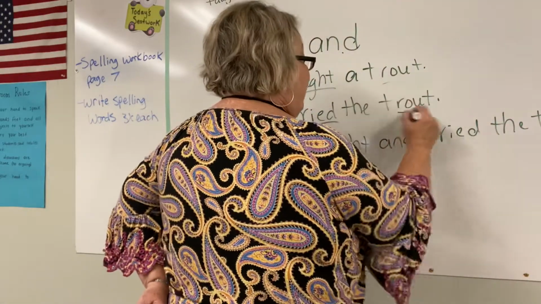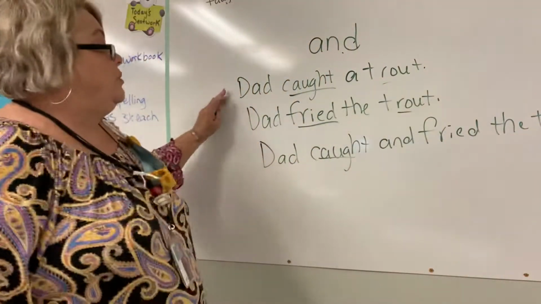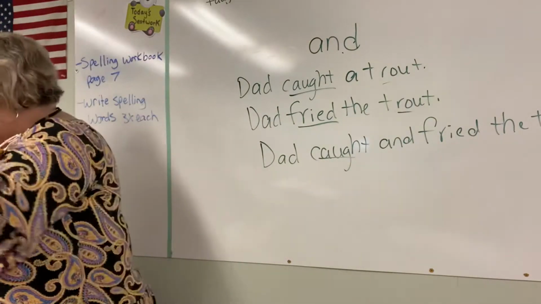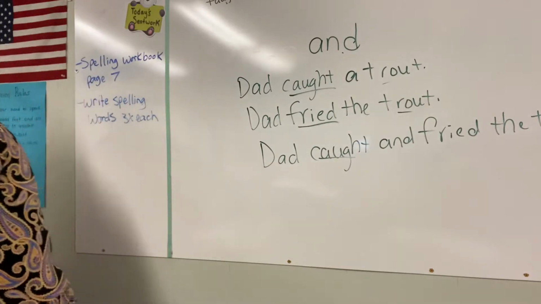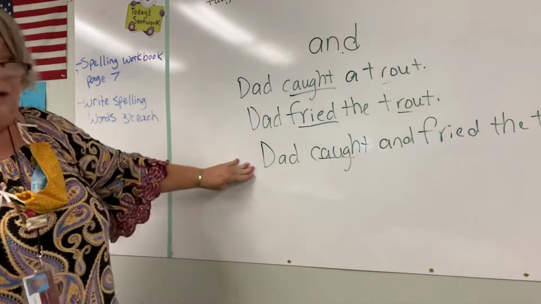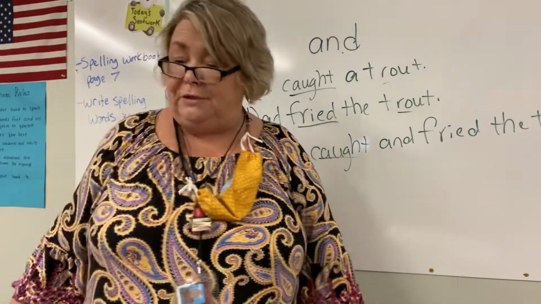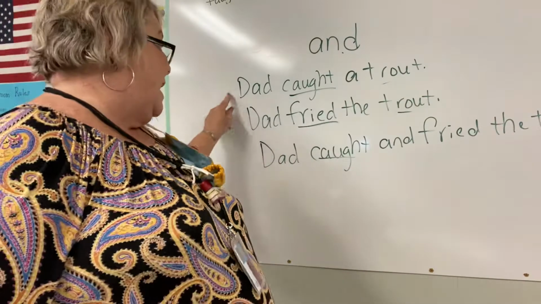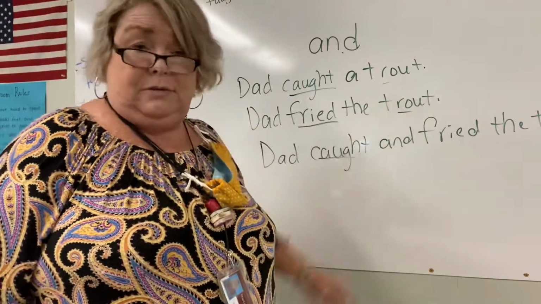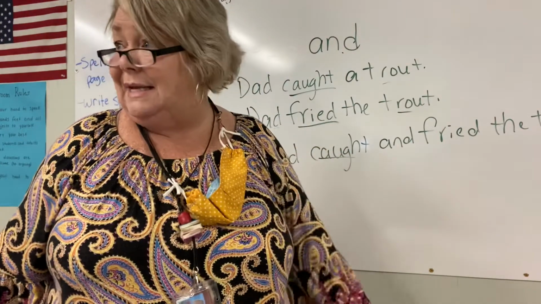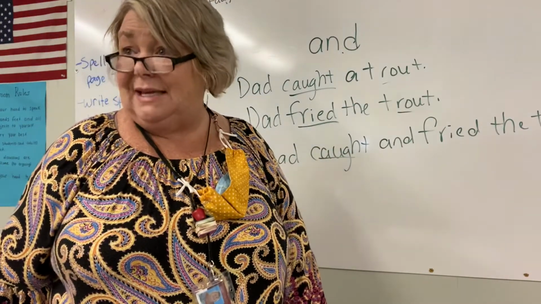Okay, Dad caught a trout, Dad fried the trout. You can combine or put those two sentences together to make one sentence, Rayana. Dad caught and fried the trout. Okay? The things that are the same, Dad and trout. He did two different things to it, but we can make it into one sentence, okay? Does that make sense? Yes.